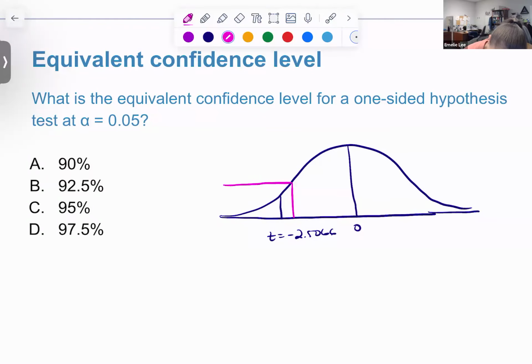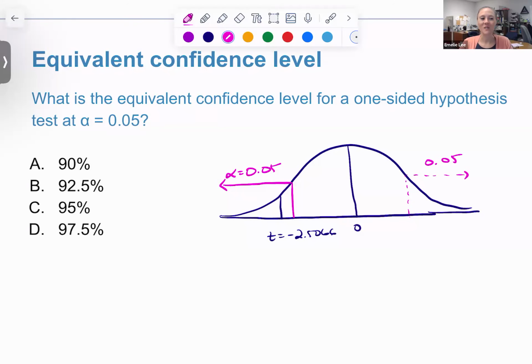So we put all our alpha equal to 0.05 down here in this tail. Now, the thing about one-sided tests versus two-sided tests is that one-sided tests put all the alpha of 0.05 here. And so what would we need to do? If I made a confidence interval, I would also need to put 0.05 up here.